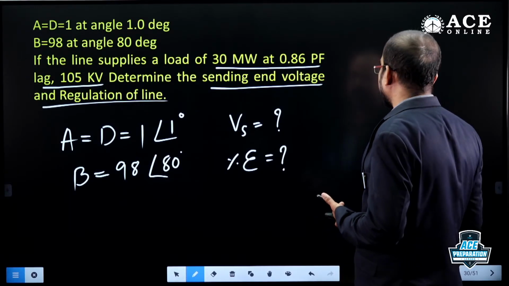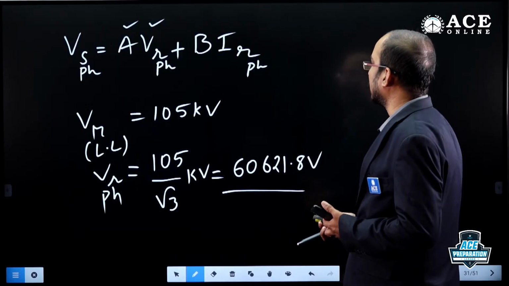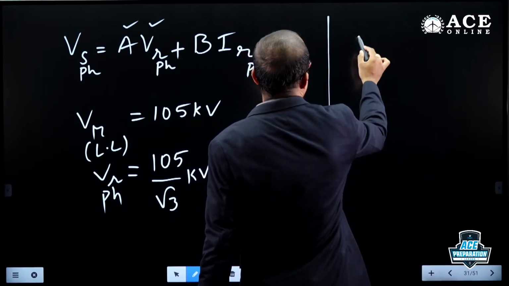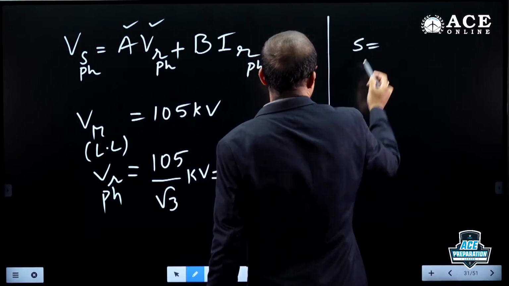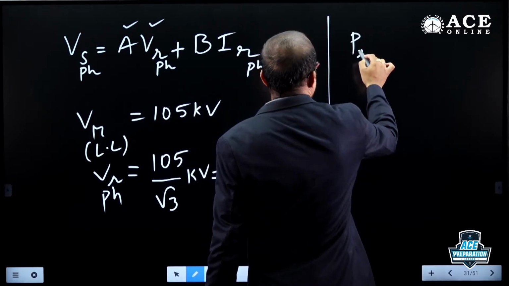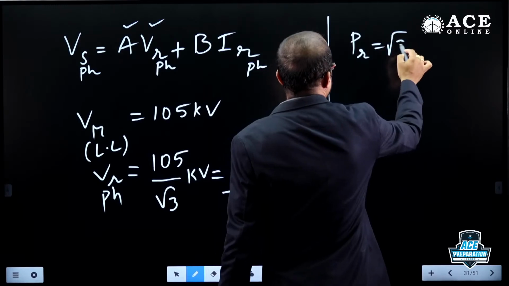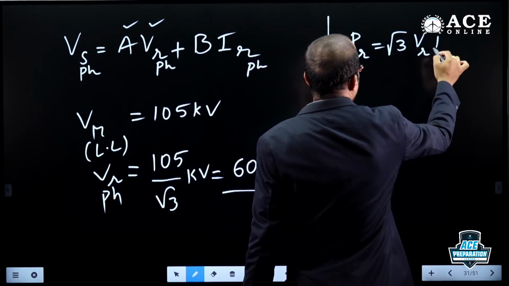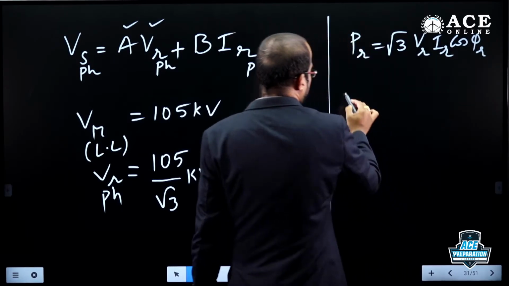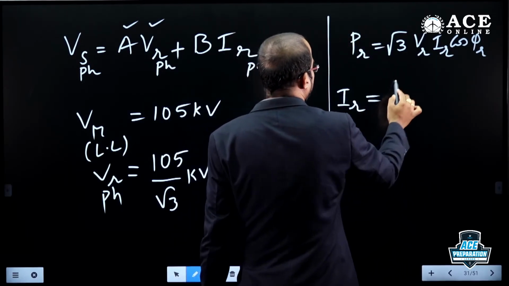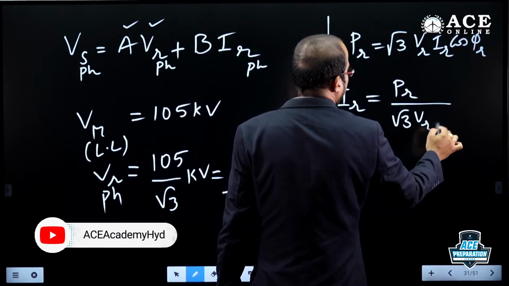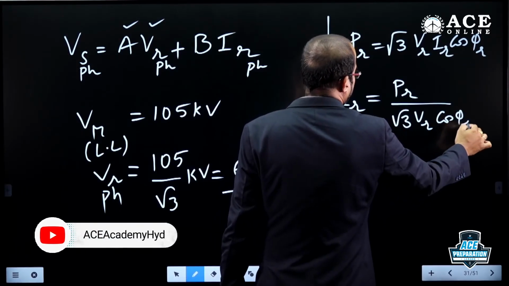So how do you calculate IR? PR is root 3 times VR IR cos phi R, so IR is PR by root 3 times VR cos phi R.